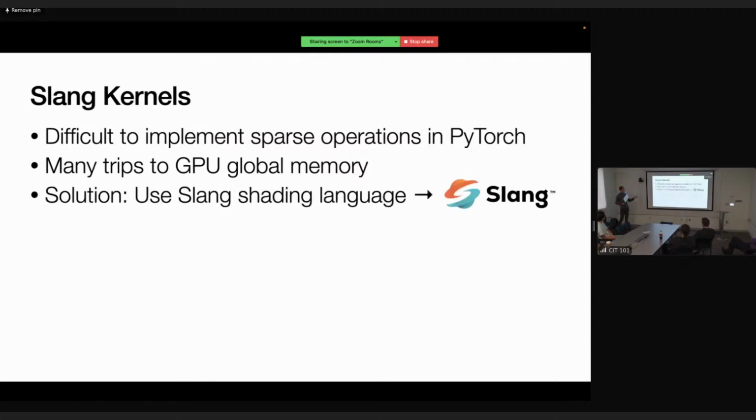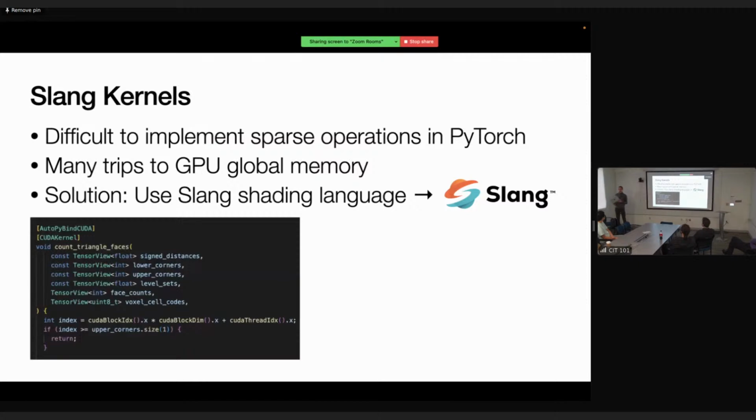And so our solution is to use the Slang shading language, which you may not have heard of. It's very, very similar to CUDA. This is a screenshot of some Slang code from the project. If you have coded in CUDA before, you'll recognize this, like index equals CUDA block index, and so on. So there's mostly a one-to-one correspondence between Slang and CUDA.